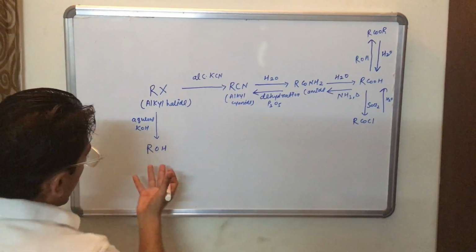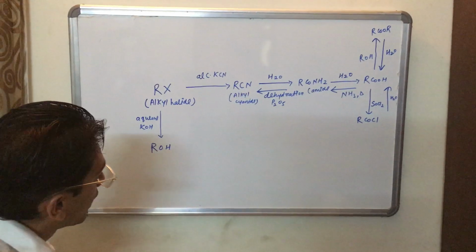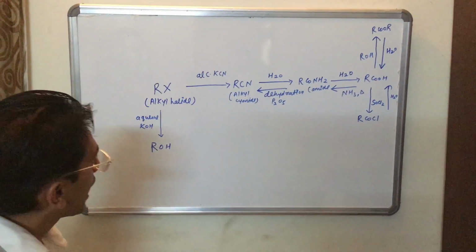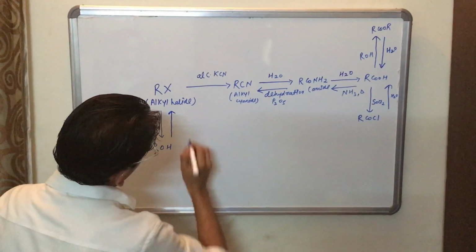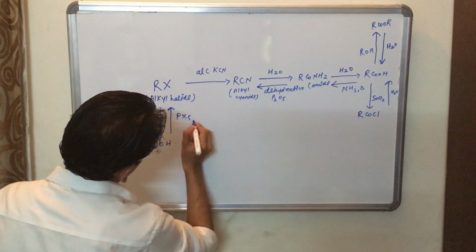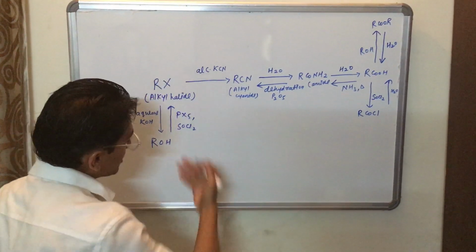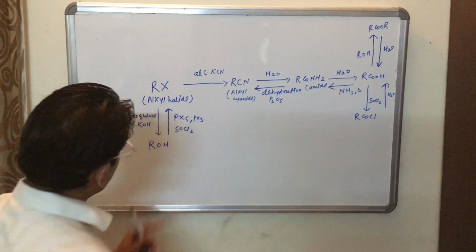And I have alcohol, and again I want to obtain alkyl halide. From alcohol, if I want to convert into alkyl halide, then I have to add PX5, SOCl2, means if I want to obtain RCl, or like this, PX3. So this is the process.